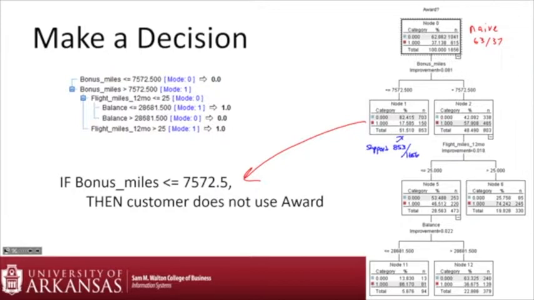If you have less than 29,000 points, then you are likely to continue to use us. But if you have more than 29,000 points, you're less likely. And this is one where I actually stopped it at 4 levels. Had we gone to 6 levels, we might have gotten a little bit more information, and they might have broken this down a little bit farther. But I said stop at 4.